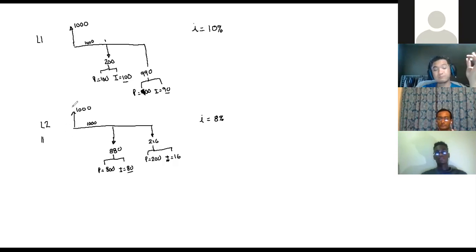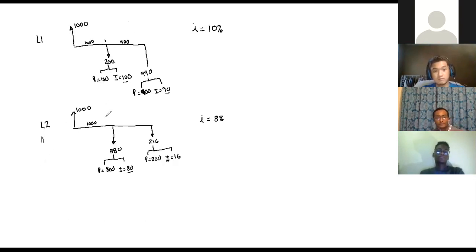Guys, the issue is that in this one here, you return to the bank only $200 versus $880, you see? So if you pay $200 from which 100 is principal, how much money are you left to work with in the second period? 900, correct?